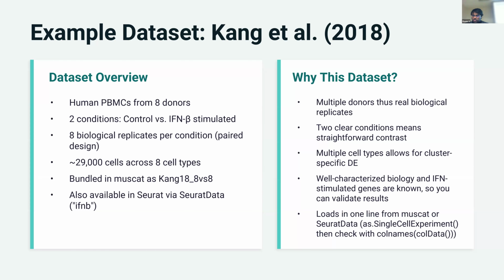It has multiple donors. We have clear conditions. We have multiple cell types, and we have well-characterized biology. And there is a way to go from Seurat to muscat, but I won't be going too much into that process. But there is a way if you want to transform your Seurat object into one that muscat can use.